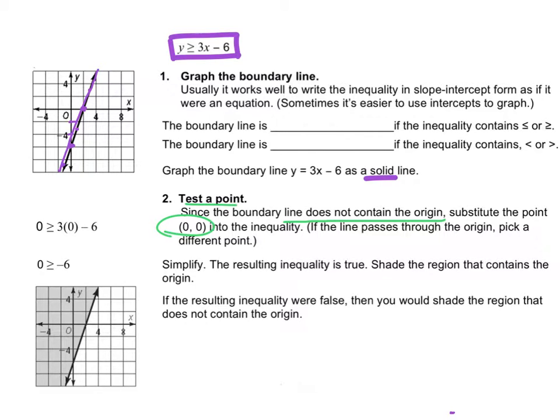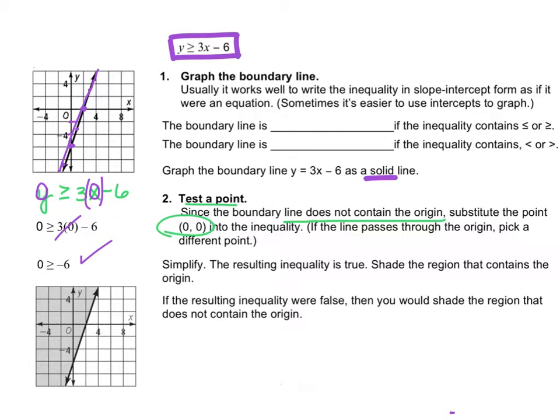So if possible, use 0, 0. If this is our inequality, y is greater than or equal to 3x minus 6, and you put in 0 for y and 0 for x, what happens? Well, that turns into 0 is greater than or equal to -6, which is true.